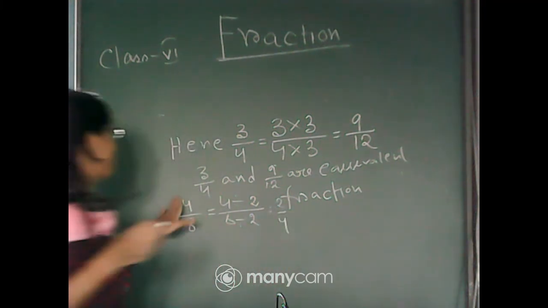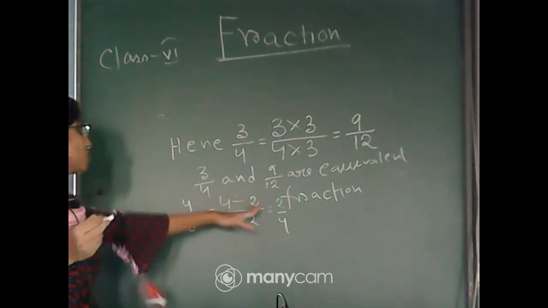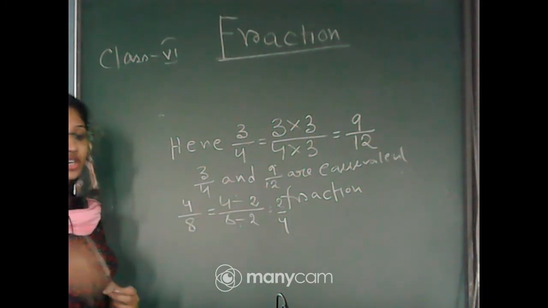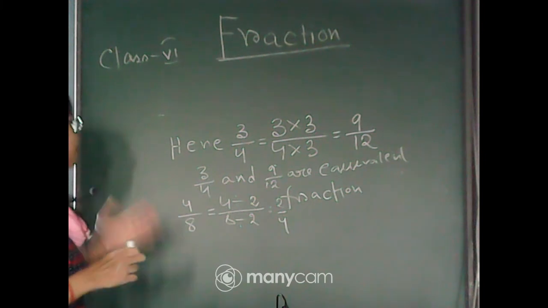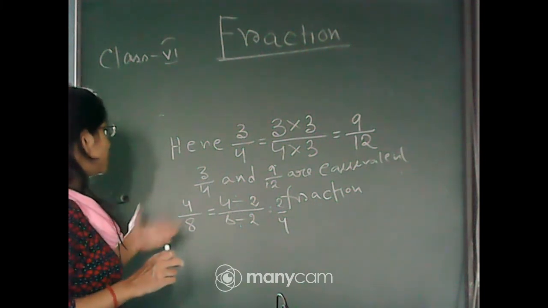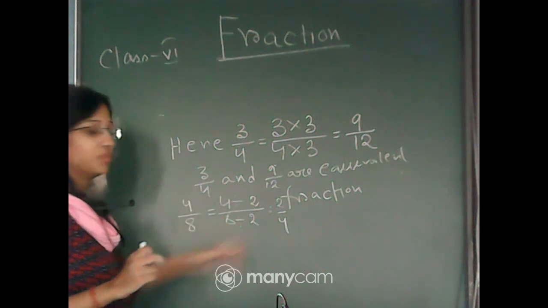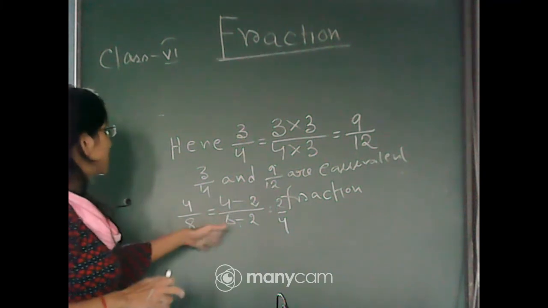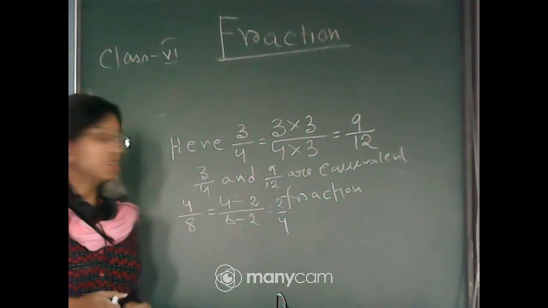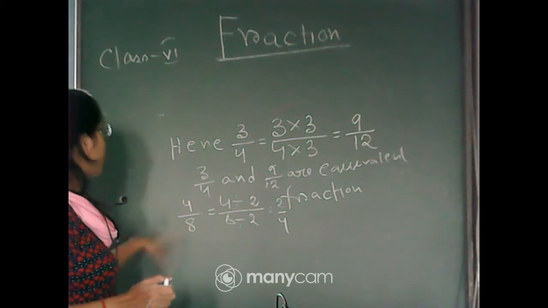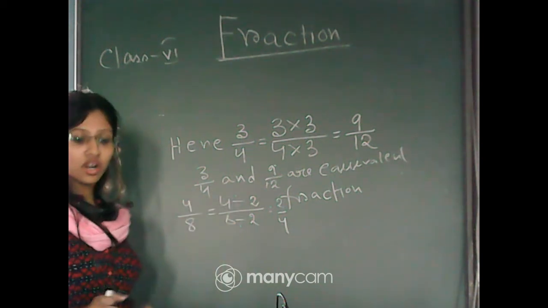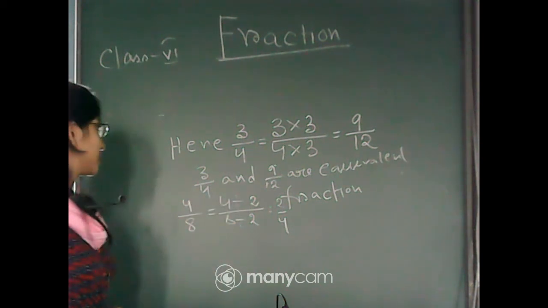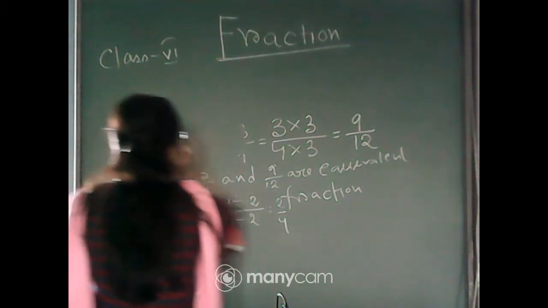Therefore, the fractions 4 by 8 and 2 by 4 are equivalent fractions because we divide both the numerator and the denominator by 2 and we get 2 by 4.